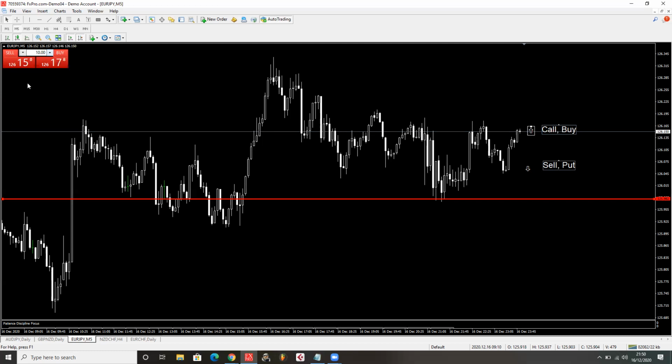If they make a put for 125.895, you have to wait for the market to come to that certain level for you to sell that currency.